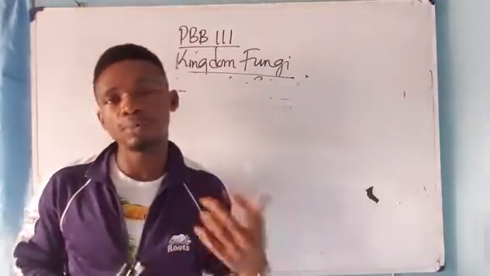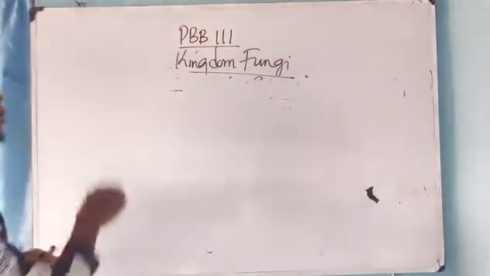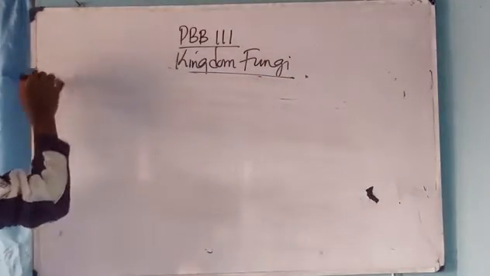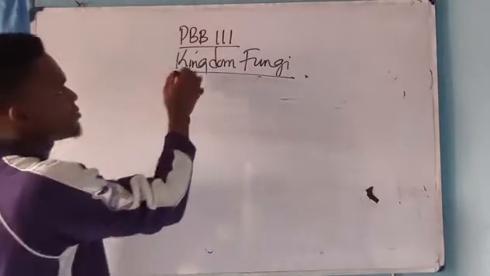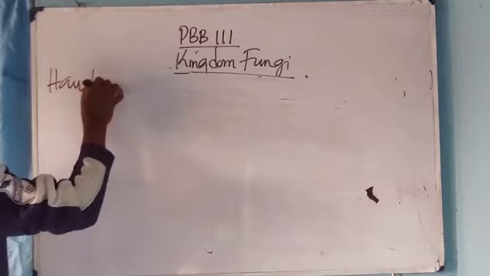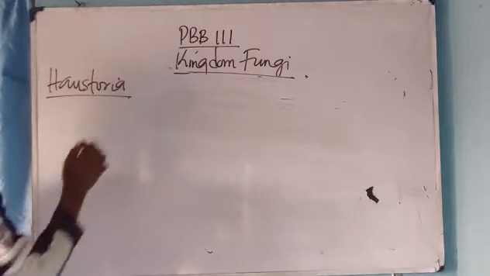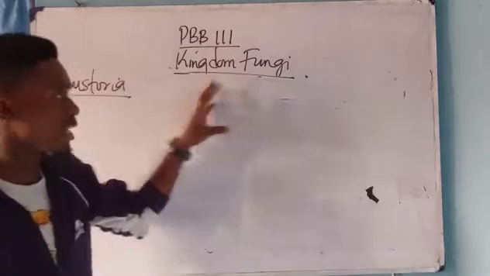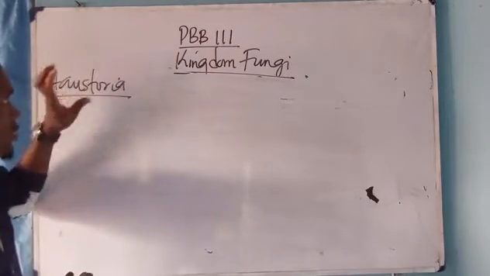They don't cause harm to plants, okay? But the parasitic fungi possess a root called haustoria. The roots possessed by parasitic fungi are called what? Haustoria. Haustoria are roots possessed by what? Parasitic fungi. Haustoria, okay? Take note of that.